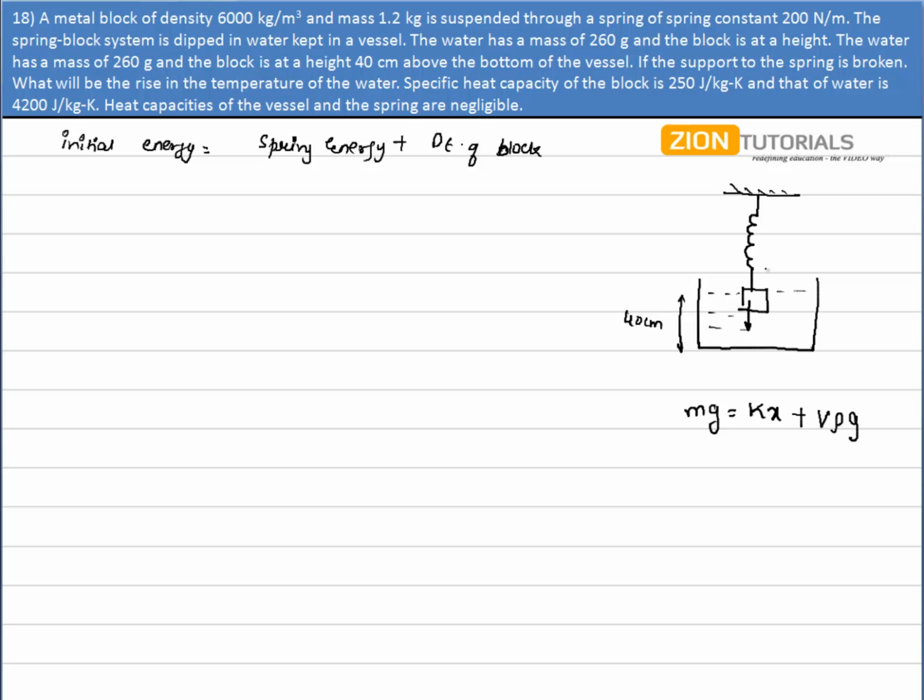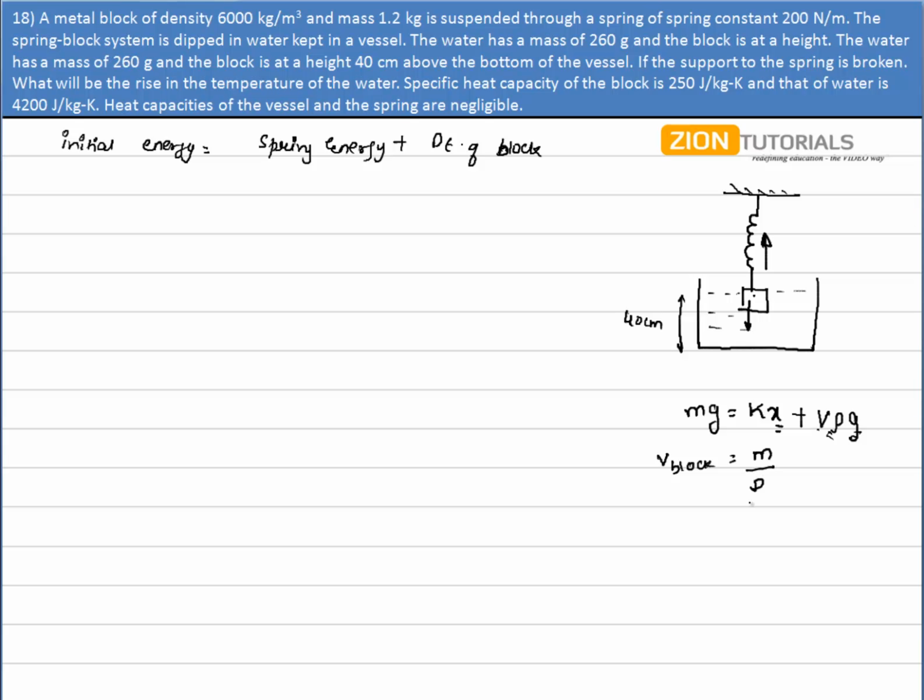Kx, that is the spring force, will act upward, where k is the spring constant, x is the elongation. And this is equal to v rho g, that is the volume of the block, rho is the density of the water, and g. Fine, so volume of block is mass divided by density.